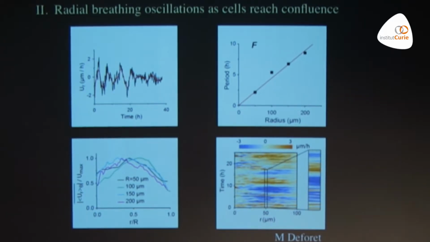Okay, so that was for the orthoradial velocity. And now, if you look at the radial thing, then you see more periodic oscillation. You see here, this is the average radial velocity. And if you look at the profile of this velocity, it's bigger at half the radius, in the center here, between the center of the disk and the perimeter.